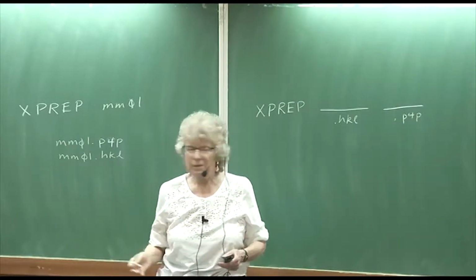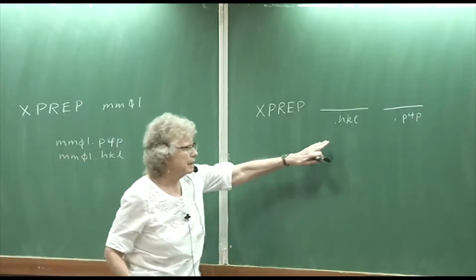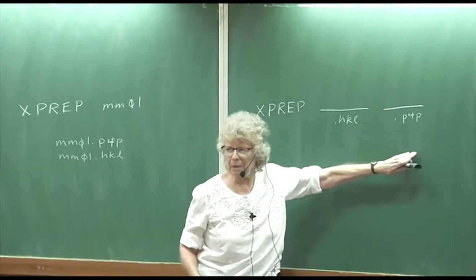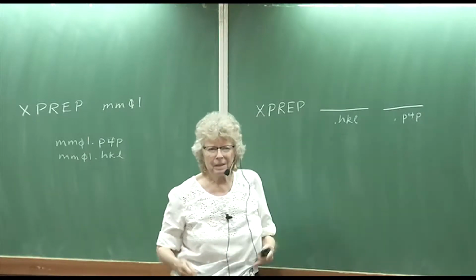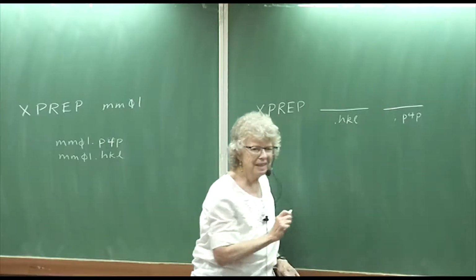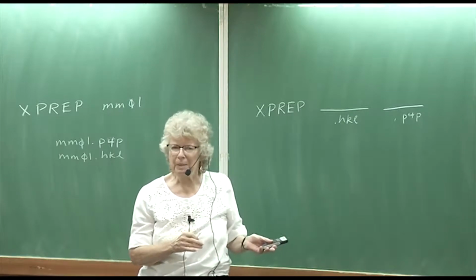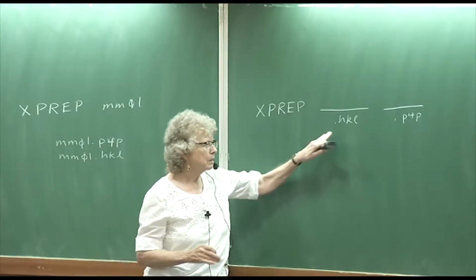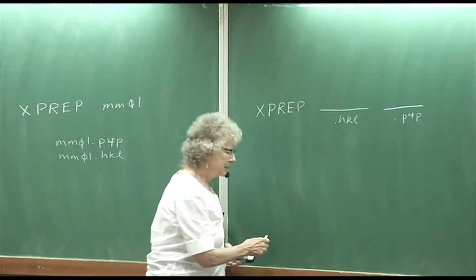So if those two files have a different name, you just put in the name, and the program will pick them up. First the HKL, then the P4P. Otherwise, it'll ask you for them. But I find it handy to just do it this way, so I don't have to remember what they were. Before I even run xprep, I see that they are there and that they have the names that I'm expecting. So I'll show you that.